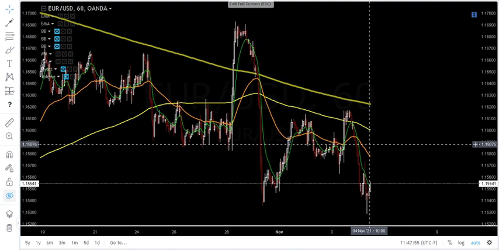So the 200 is over the 50. That's a downtrend. So I haven't changed anything up until H1. That's letting us know it's about to get crazy on these lower time frames.